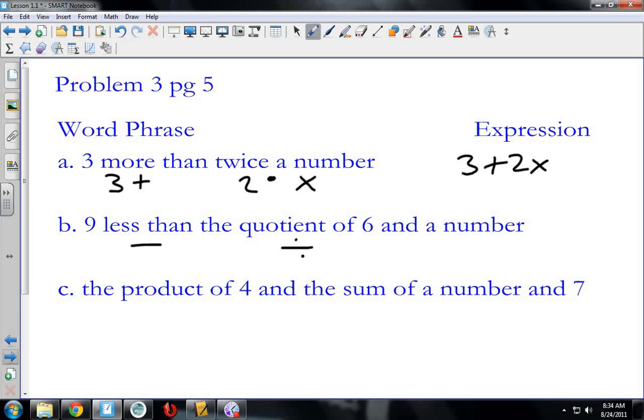All right. From here, we just need to make sure we plug everything in. Now, is there anything I need to be aware of on this one? Anything special about this one? Yeah, the than. Whenever you see less than, you know that you need to flip it around. So, instead of going left to right, I'm going to have to make sure I have the quotient first and then the minus afterwards. So I'm going to have 6 divided by a number. What variable do you guys want to use?